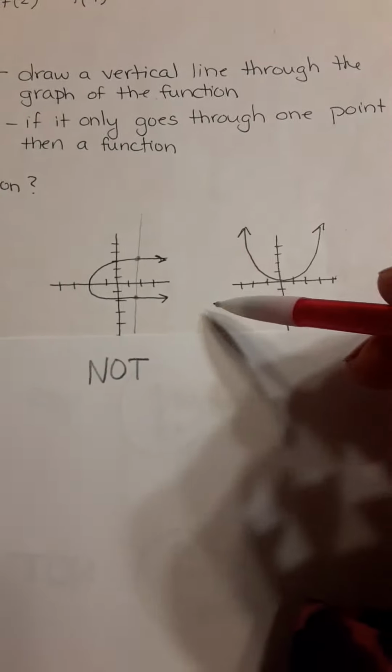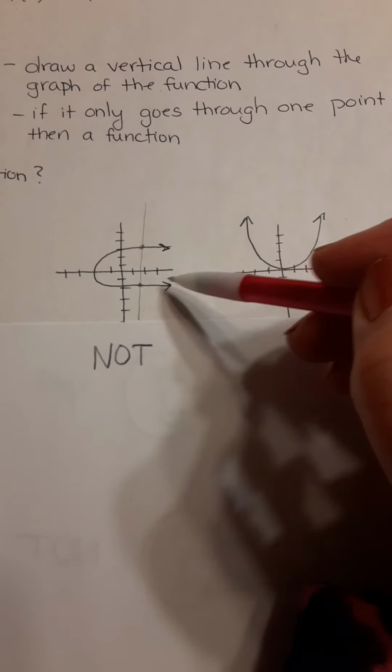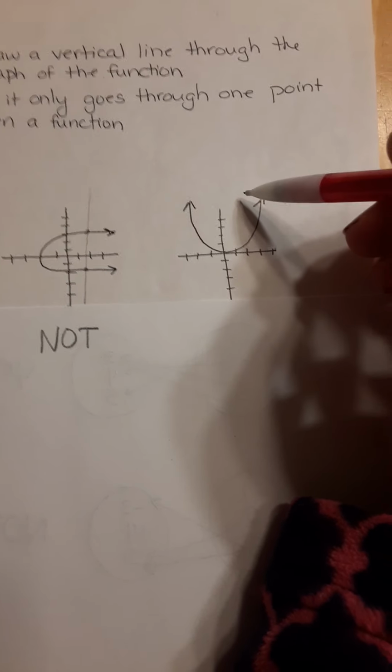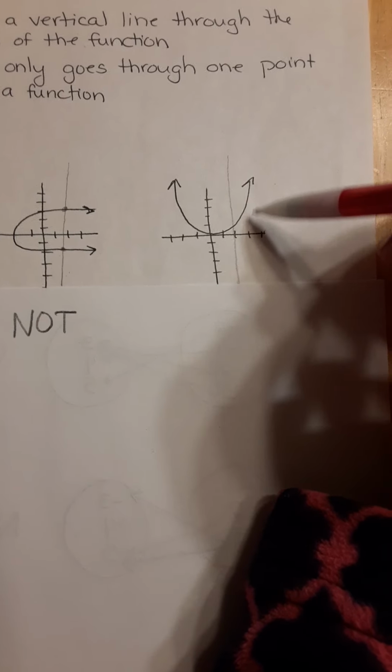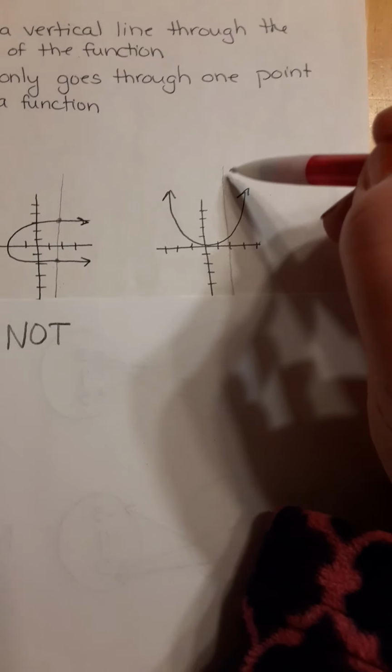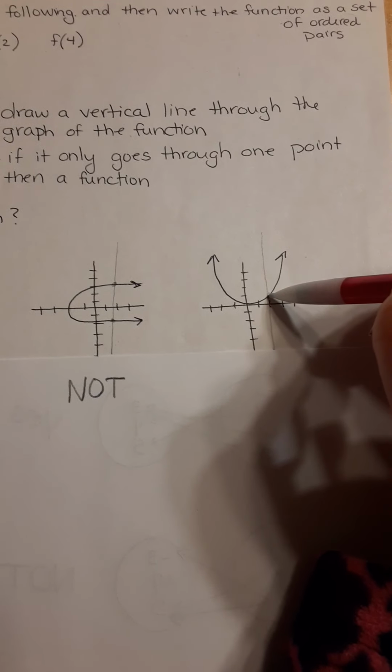Okay, some of you see, oh, this was a U, and so this one here can't be a function. Well, don't get so cocky about it. Let's go ahead and do our vertical line test. If I do my vertical line test, yeah, it's a parabola is the correct name for it, not a U. How many times does this vertical line actually hit my graph? One time.